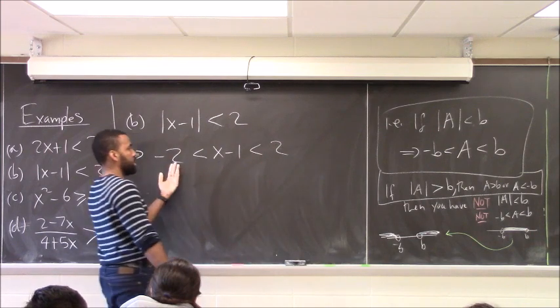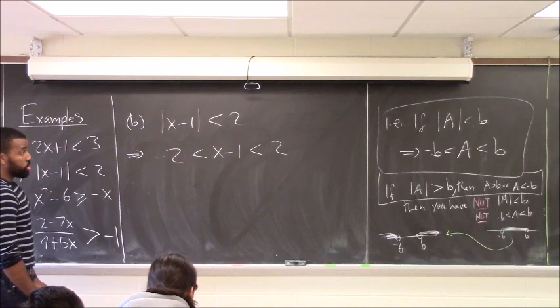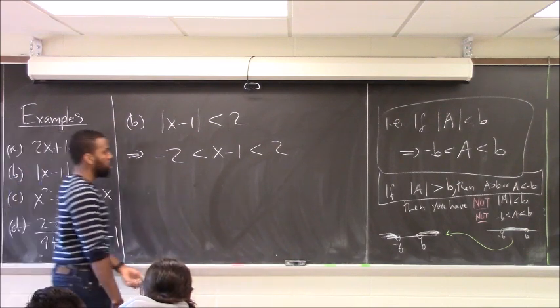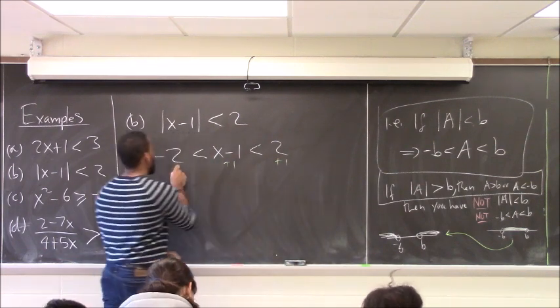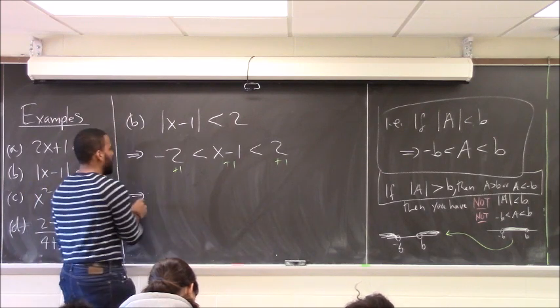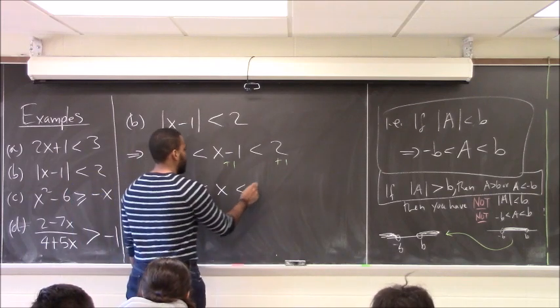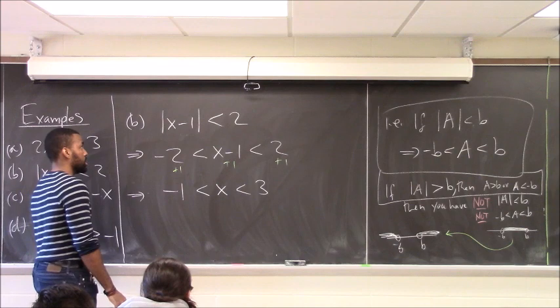This guy over here, his negative over there. And now you can actually treat it as two equations at the same time. So you can add one to all sides. I can add one here, here, and there. You can do it both at once. And so what we would have is negative 1 is less than x is less than 3. In other words, x is between minus 1 and 3, strictly speaking.